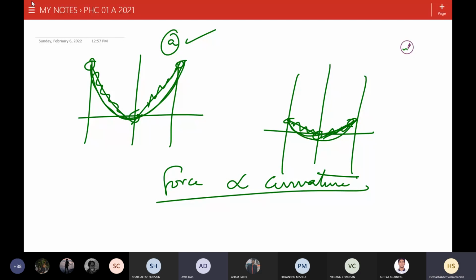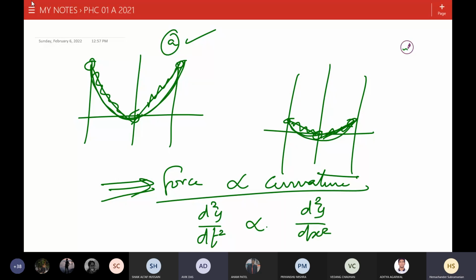Do you understand this sentence? Yes, sir. Okay, so this is your wave equation. That's your d square y by dt square, which is force, is proportional to d square y by dx square, which is curvature. Does it make sense?